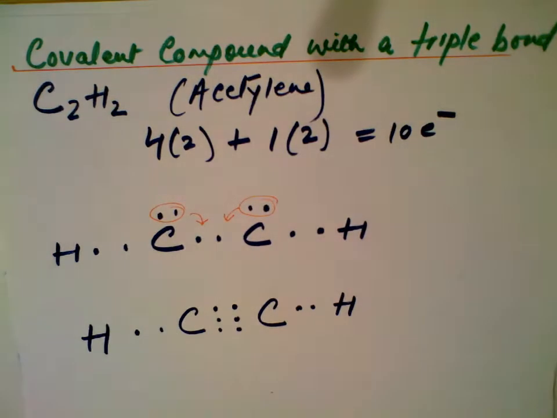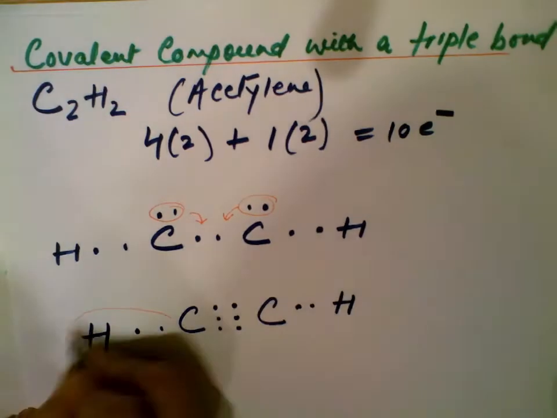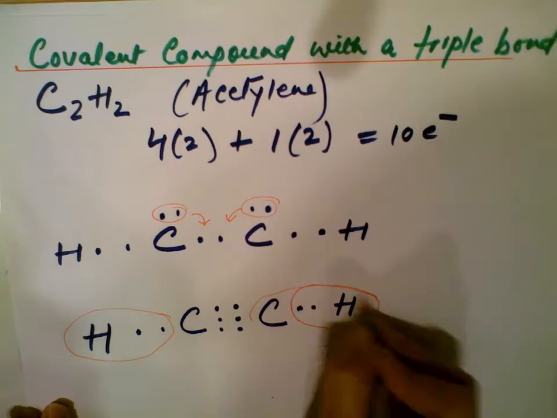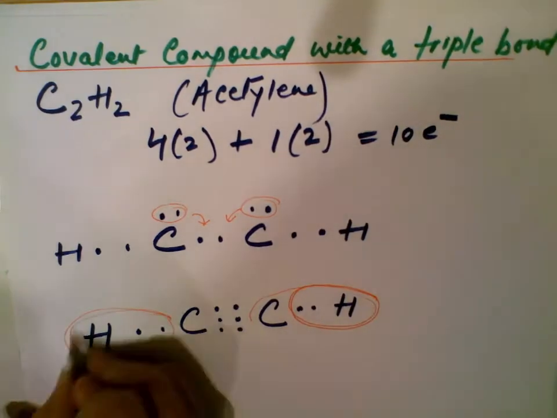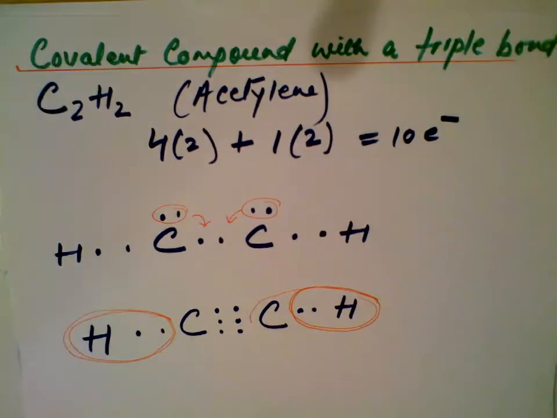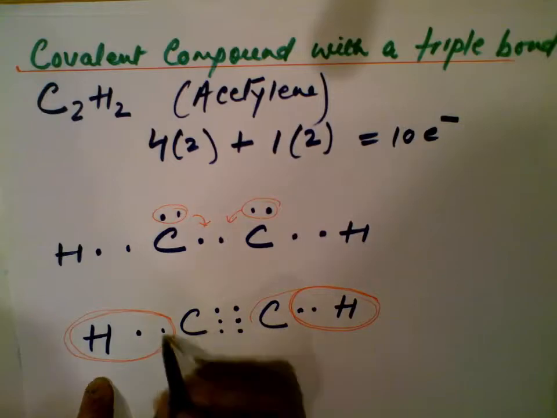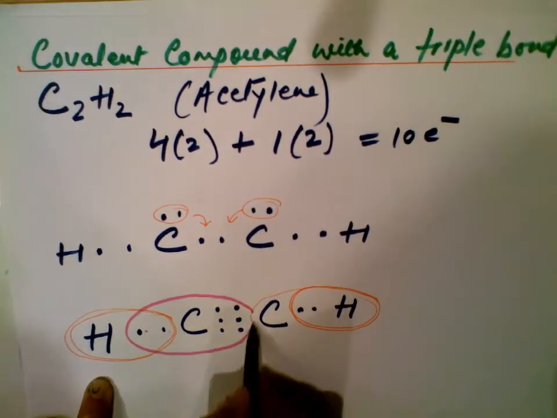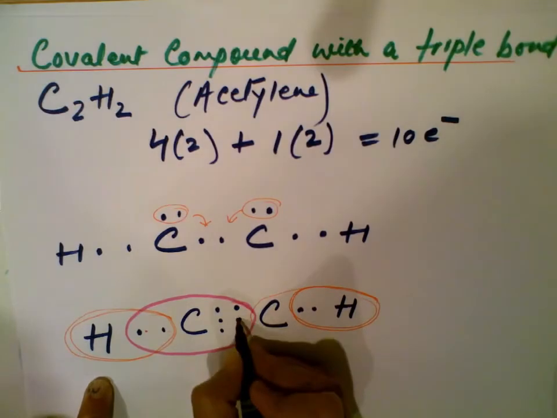So what is happening here? Happy, happy, the octet is complete here, the octet is complete here, and the octet is complete for this, 1, 2, 3, 4, 5, 6, 7, 8, and then 1, 2, 3, 4, 5, 6, 7, 8.